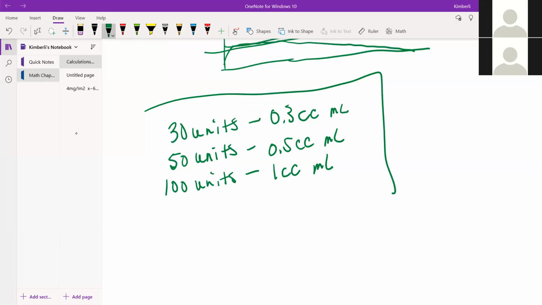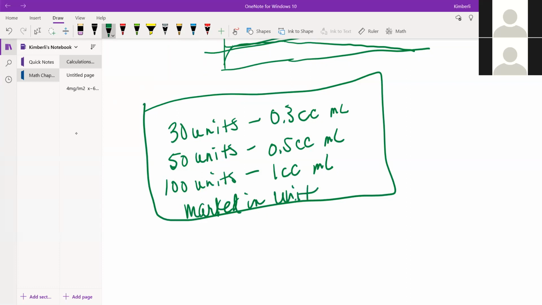So for all of these insulins, we only use insulin syringes, and they look different than even the 1 cc syringe that we use that's marked in cc's, because these are marked in units. And the reason for that is, is it for the nurses? Is it for the pharmacy technicians that have to draw this up, the doctors? No, I think it's for the patient. Excellent.